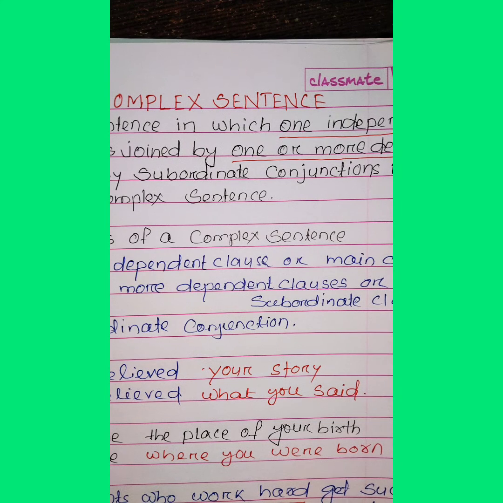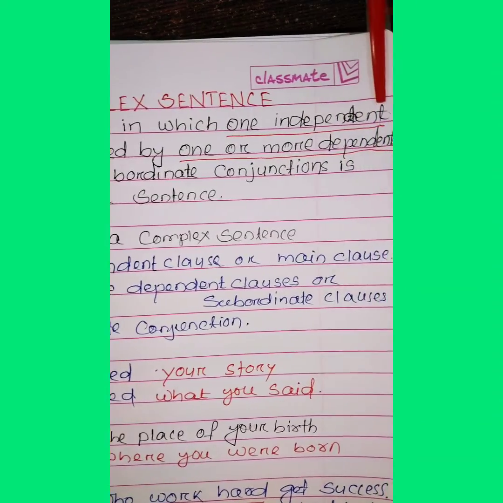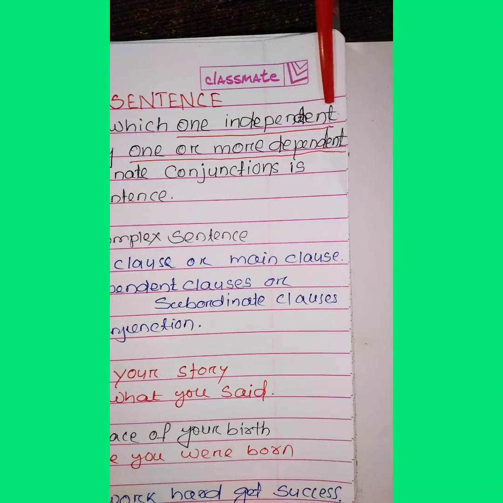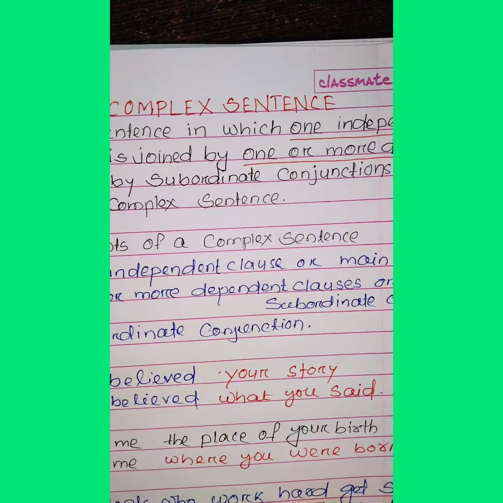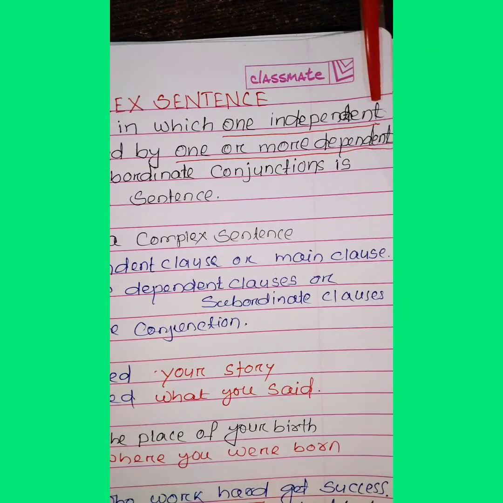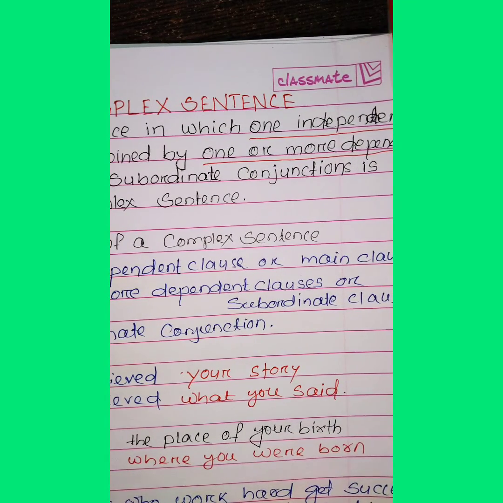Then it becomes a complex sentence. So, what is complex sentence? The sentence in which one independent clause is joined by one or more dependent clauses by subordinate conjunction is called a complex sentence. Then what are the elements of a complex sentence?